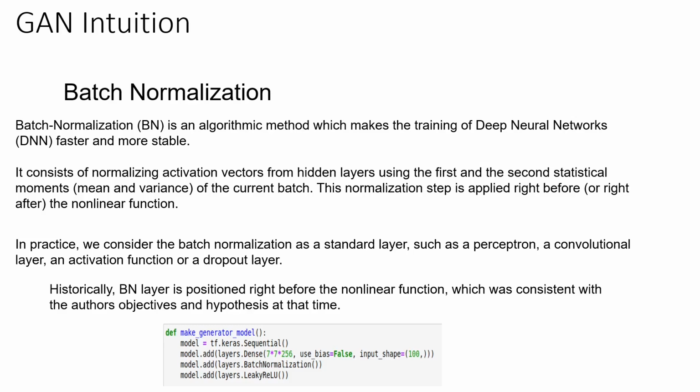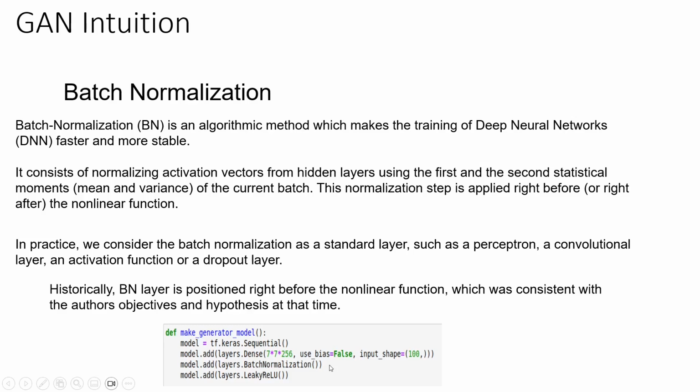And this normalization step is applied right before or right after the nonlinear function, which is basically ReLU. As you see in this code, you create a layer and this is the nonlinear part, the activation function, and in between you apply this batch normalization operation.